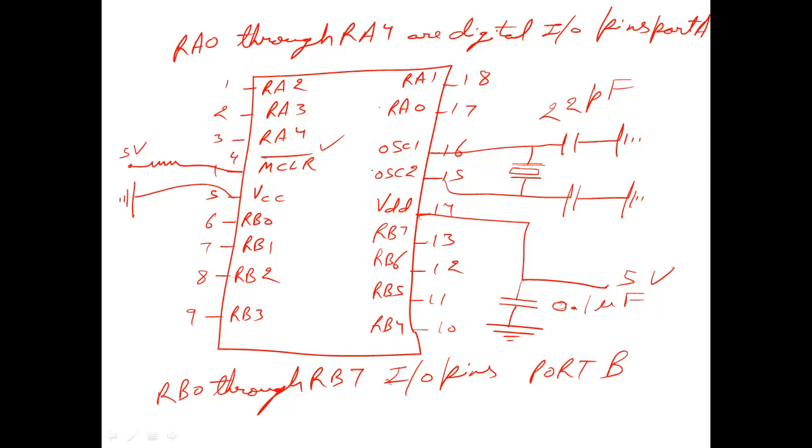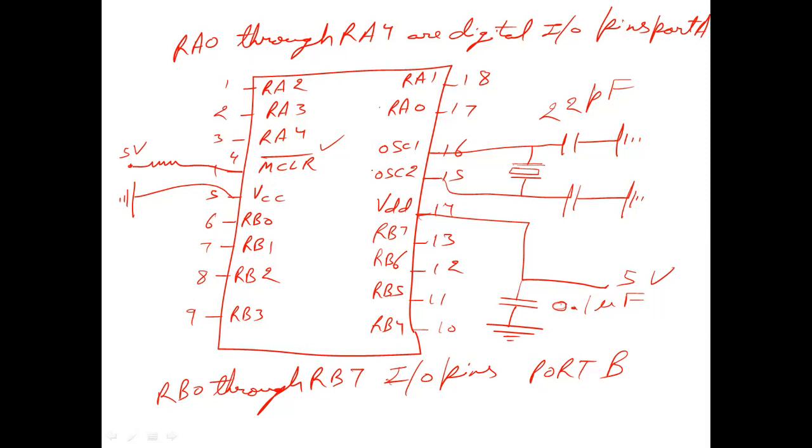Grounding this pin causes the PIC to reset and restart the program stored in the EEPROM, electrically erasable programmable read-only memory, right? And this pin must be held high during normal program execution.